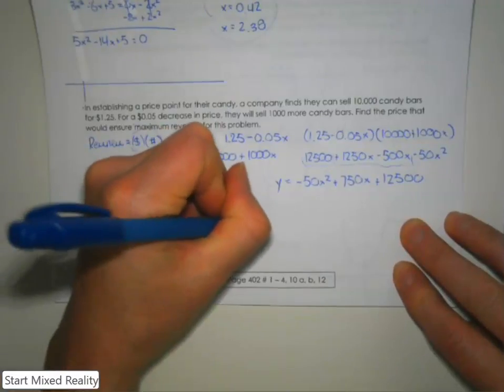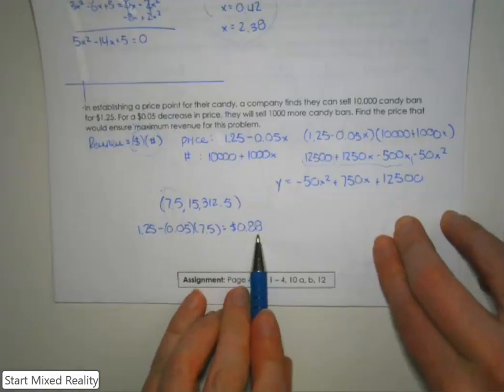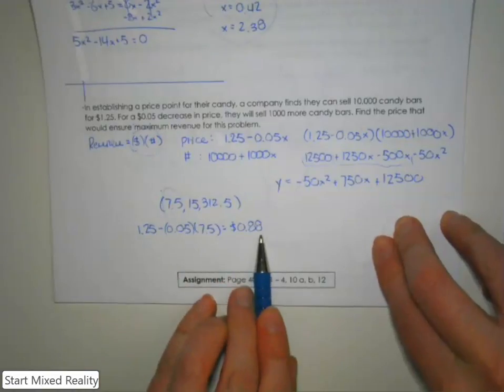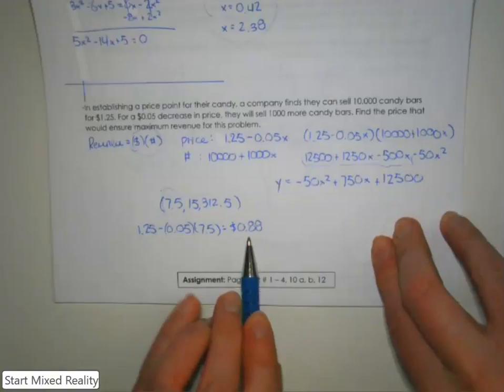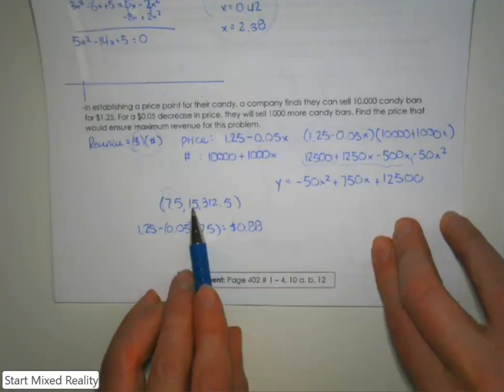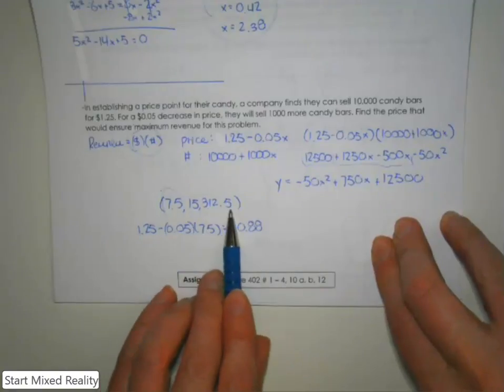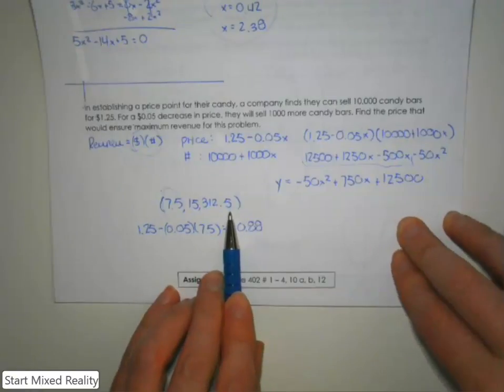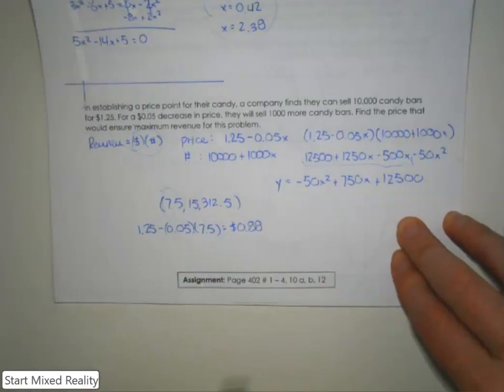If we round, I think it gives us 0.875 or something like that. So 88 cents is the price they need to charge for their candy bars to achieve a maximum revenue of $15,312.50. Okay, so that's how you would write it out if you were answering this as a written question.